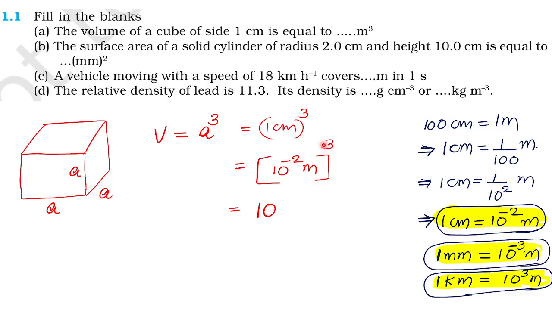Correct. Minus 2 into 3 will be minus 6. Meter cube will be there, right? It is asked as a fill in the blanks question. So the answer is 10 raised to minus 6 meter cube. All of you please write.